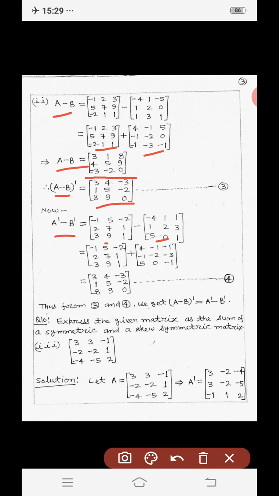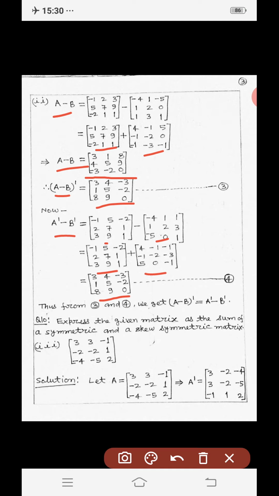Here we multiply by -1 in matrix B, we get [-1, 5, -2; 2, 7, 1; 3, 9, 1] plus [4, -1, -1; -1, -2, -3; 5, 0, -1]. Adding the corresponding elements of the above, we get [3, 4, -3; 1, 5, -2; 8, 9, 0].